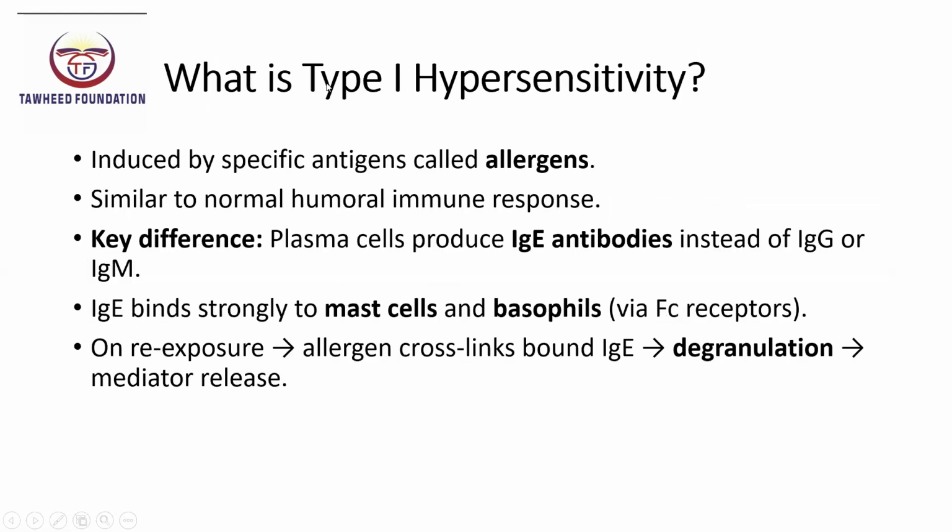Next, what is type 1 hypersensitivity? Type 1 hypersensitivity, also called immediate or anaphylactic reaction, occurs when the immune system reacts inappropriately to certain antigens called allergens.